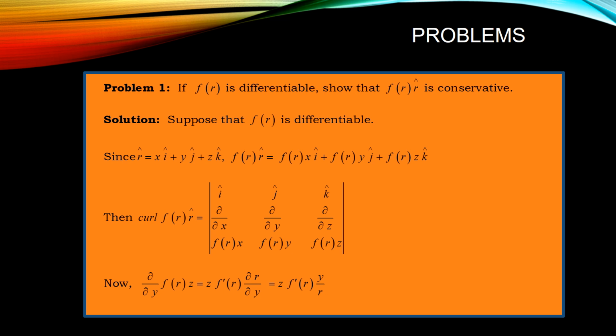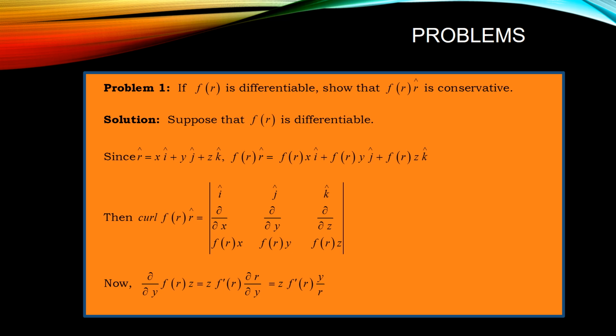To expand this determinant, we need to find out the following partial derivatives first. First we find out the partial derivative ∂/∂y of f(r)z. ∂/∂y of f(r)z equals z times ∂/∂y of f(r).